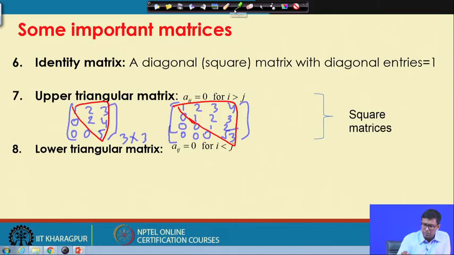A lower triangular matrix is just the opposite. Where the column index is more than the row index, it will be 0. So, 1 0 0, 2 3 0, 0 4.